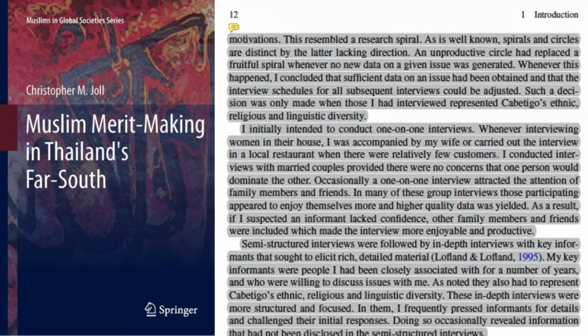I refer to a research spiral. Spirals are different from circles because they have a direction and they can change direction.